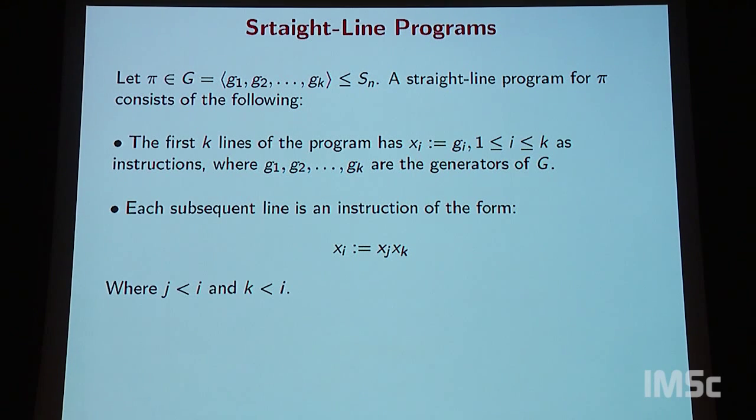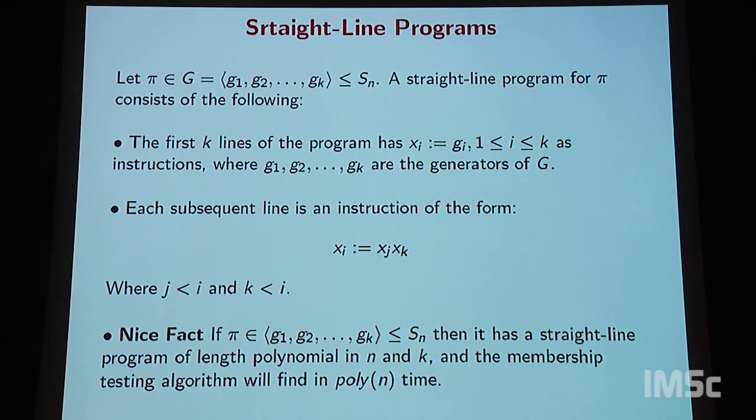And then each subsequent line will be xi is assigned xj times xk, where xj and xk are already computed from the earlier lines. Like we did the repeated squaring and then multiplied the pre-computed g to the power 2 to the power i's, something more general than that. A simple idea of short expressions: how to get short expressions for elements of G in terms of the generators.